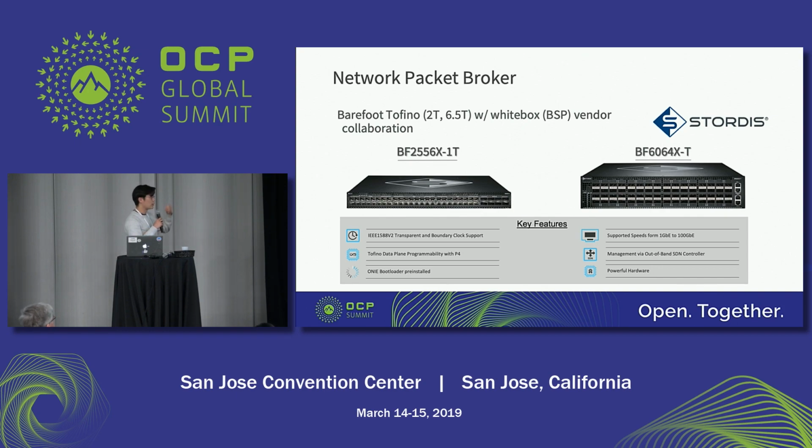We are currently using the Barefoot Tofino-based whitebox provided by Stordis. We currently support two types of hardware. The left-hand side is a 10 gig based platform, and the right-hand side is a 40 gig and 100 gig based platform, and it has 64 ports.